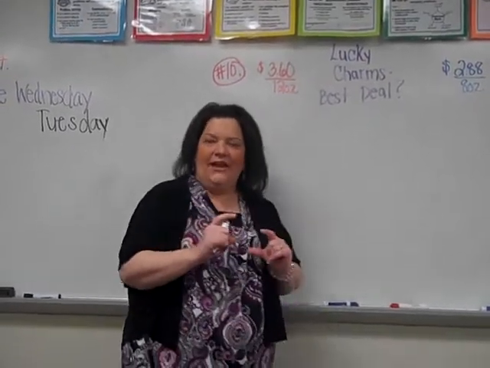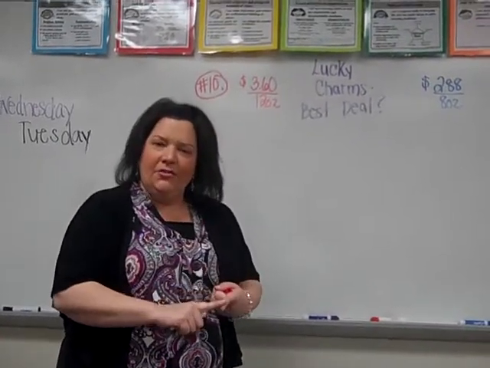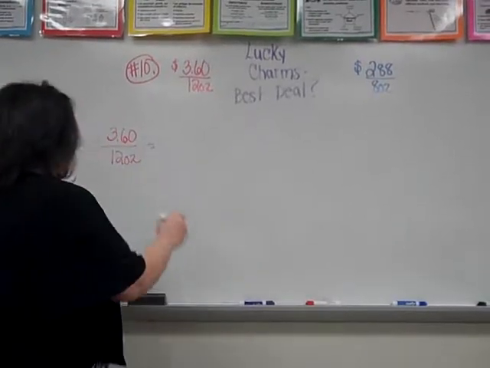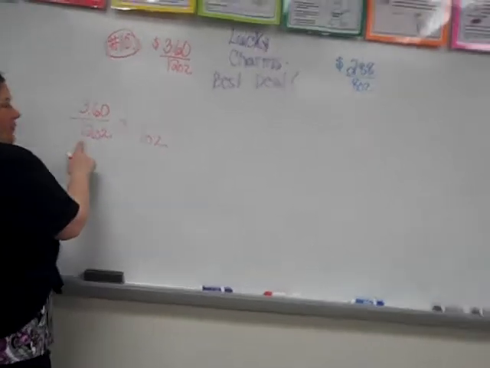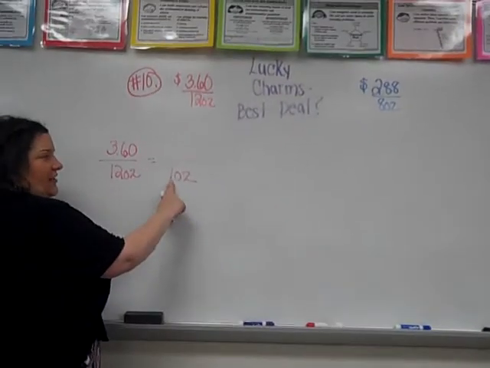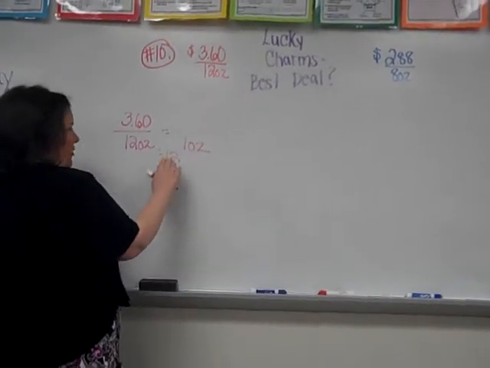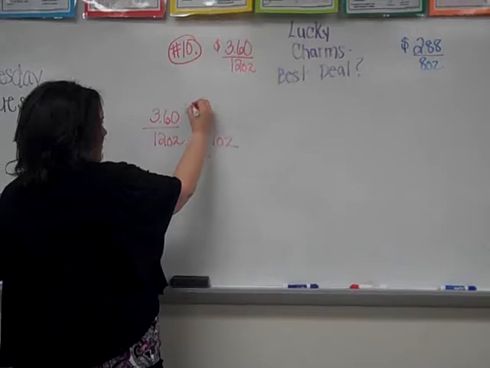The unit rate would be for 1 ounce. Remember, unit is singular, so we're only talking about 1 ounce. So we ask ourselves, what do we do to that 12 to get the 1 ounce? We know we divided by 12. What we do to the bottom, we do to the top.